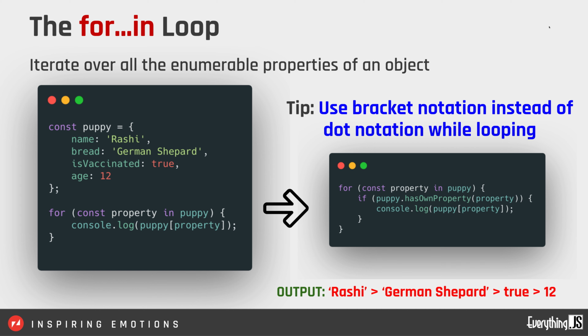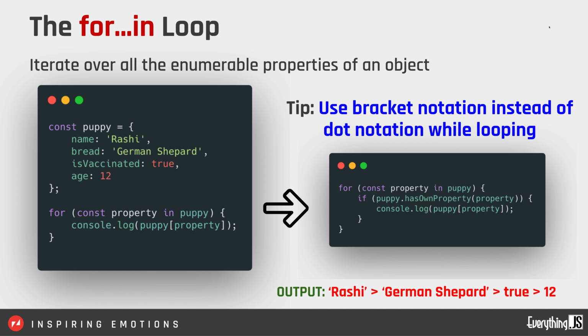We have used the bracket notation here, so let me explain a bit further. When you have the puppy object here, this will get each of the keys which are enumerable. When we explained objects in the earlier session, we said that when you define a property using Object.defineProperty, you can specify whether it's enumerable or not. Otherwise, if you create a simple object literal, those properties are enumerable by default.